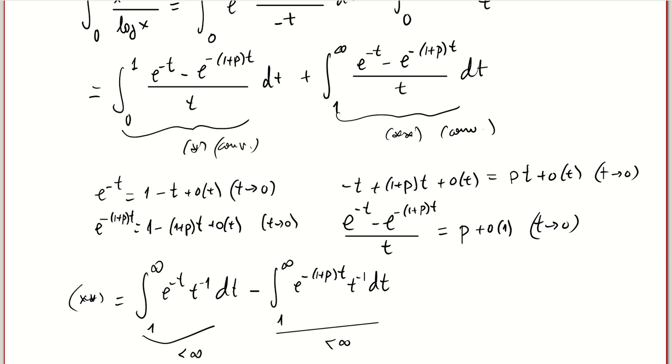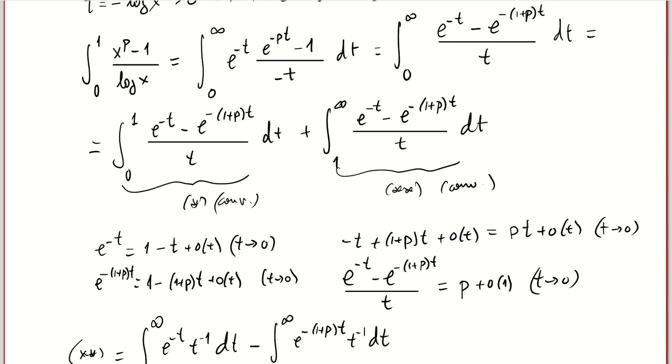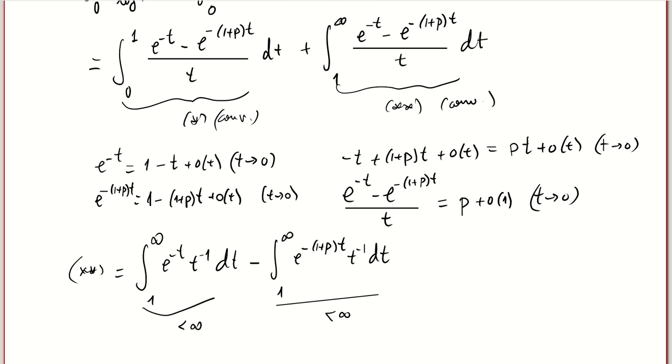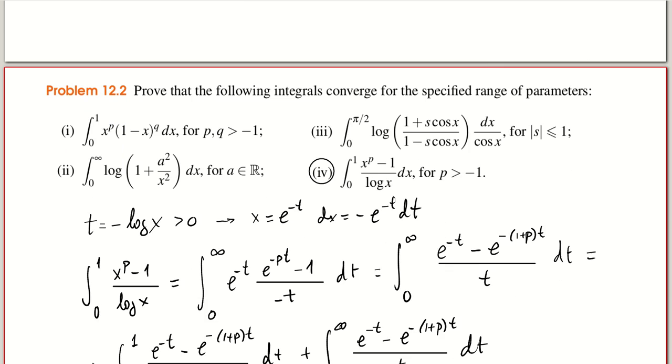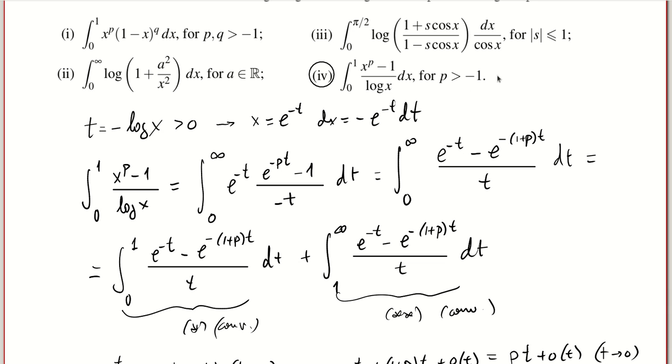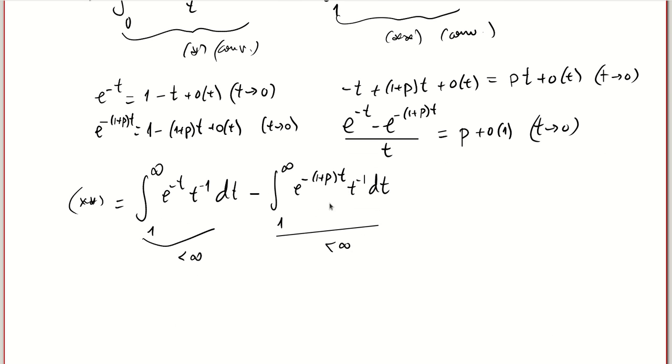So this integral converges for any value of p larger than minus 1, because when this happens, p plus 1 is a positive number. And of course, this is a convergent integral, I forgot to mention, if and only if 1 plus p is a positive number, because then this is a decreasing exponential.